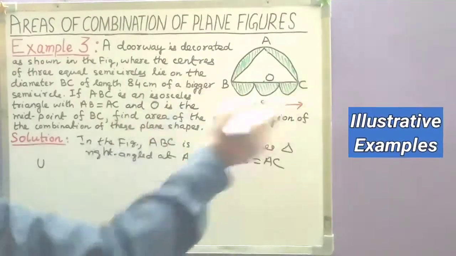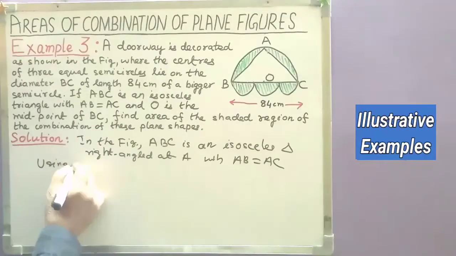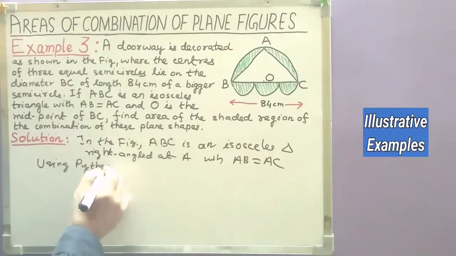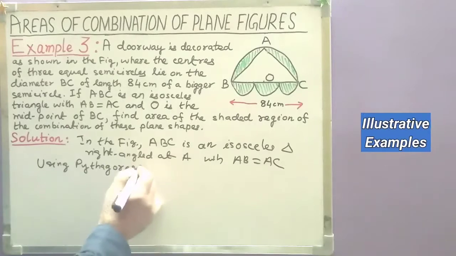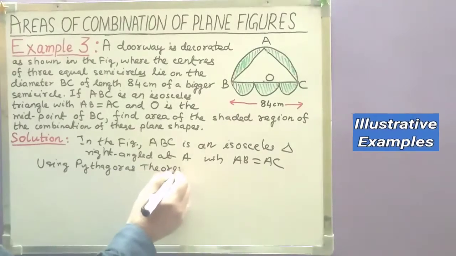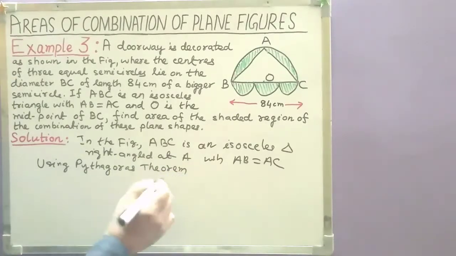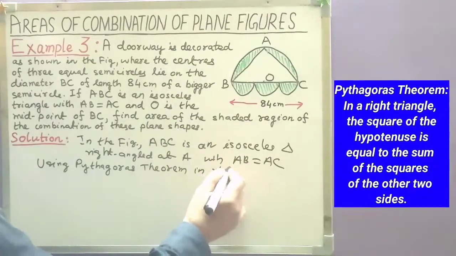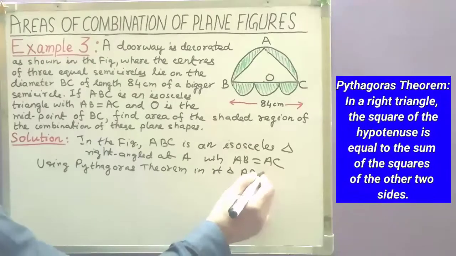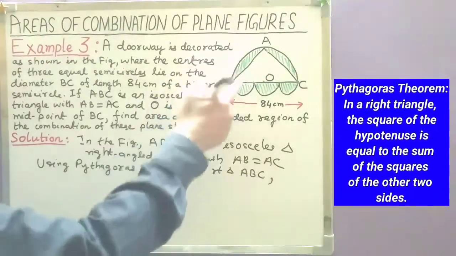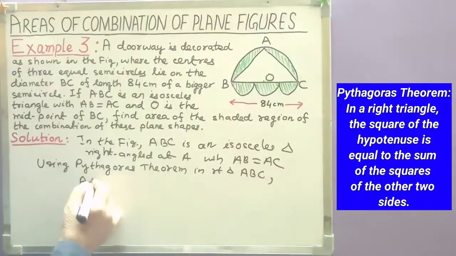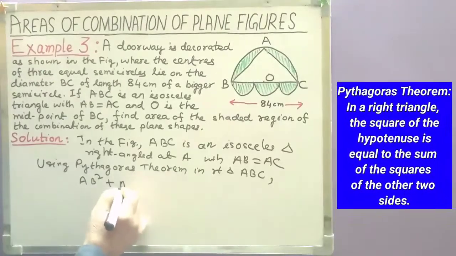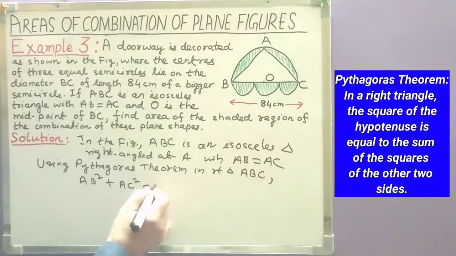Now, using the Pythagoras theorem in the right triangle ABC, right angled at A, we have AB square plus AC square equal to BC square.